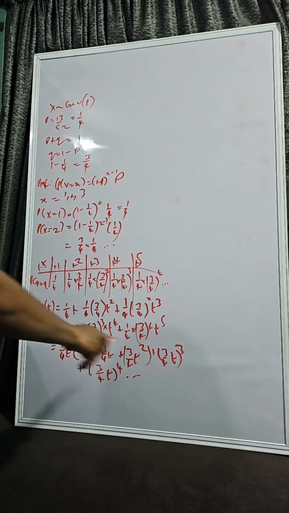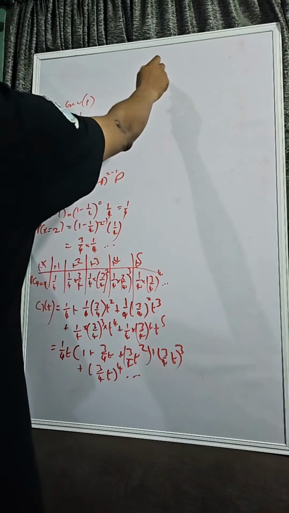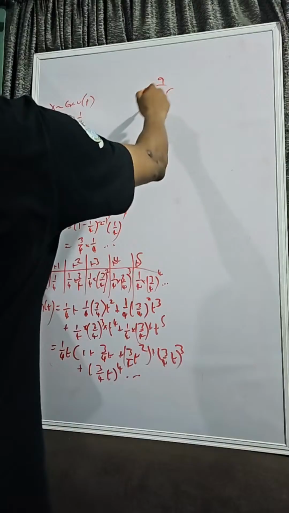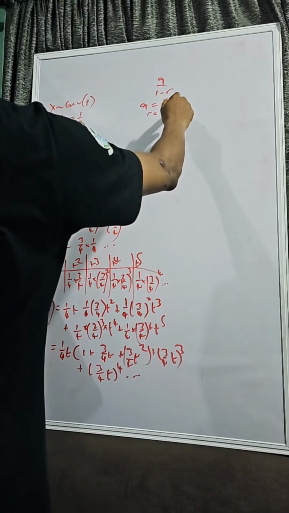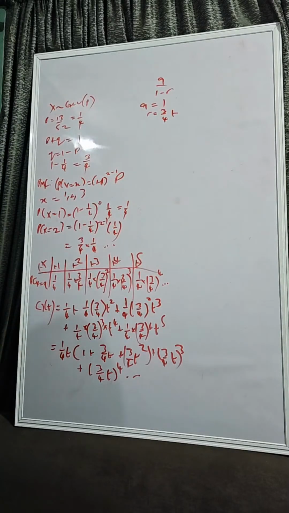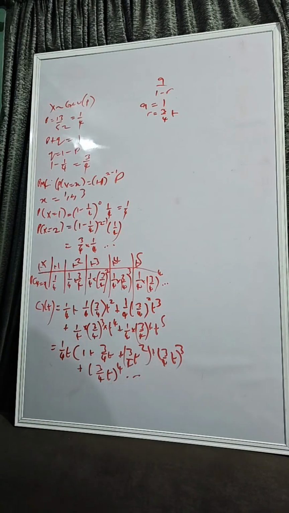What we notice is that this has become a geometric series and it is infinite. Since it's infinite, which formula are we going to use? We're going to use a over 1 minus r, where our a is equal to 1 and our r is 3 over 4 t. So now, what do we now do?